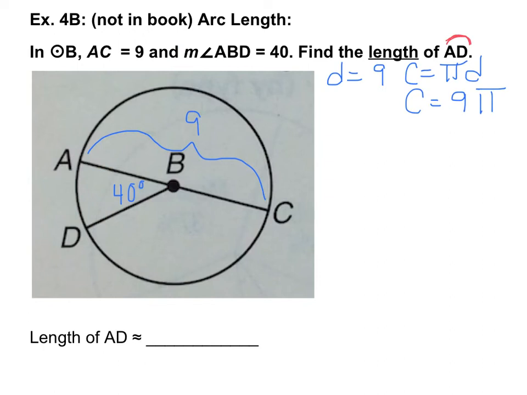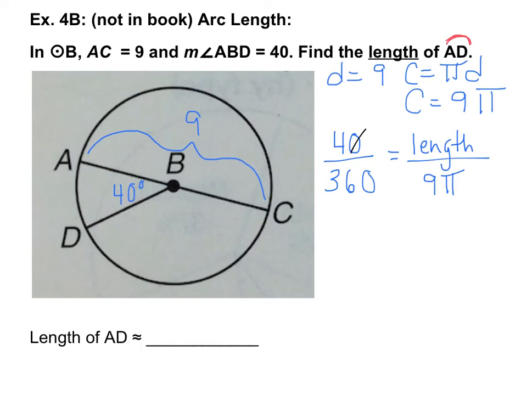When we are finding the arc measure there, that's the same as the central angle. So it's going to be 40 out of the total 360 is going to be proportional to the length that we're trying to find, which is the unknown always in these types of problems that you're going to see, divided by the circumference that we found already.